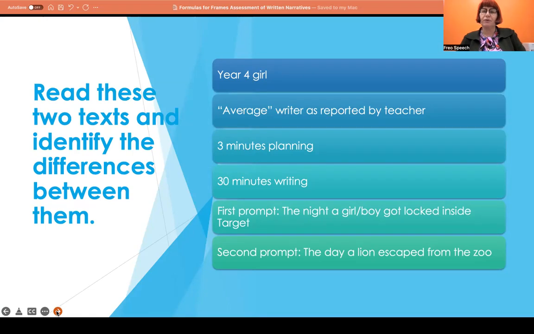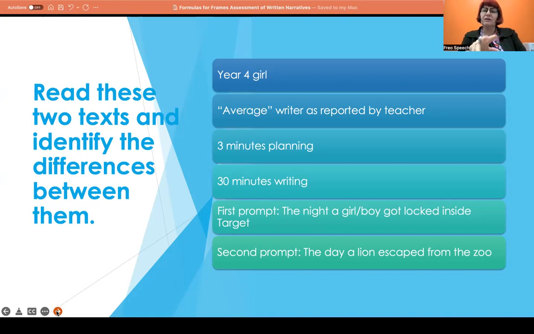So the first prompt back in April 2021 was write a story about the night a girl or boy got locked inside Target. And the second prompt, 8 weeks after the first and after a whole pile of teaching had taken place, was write a story about the day a lion escaped from the zoo.